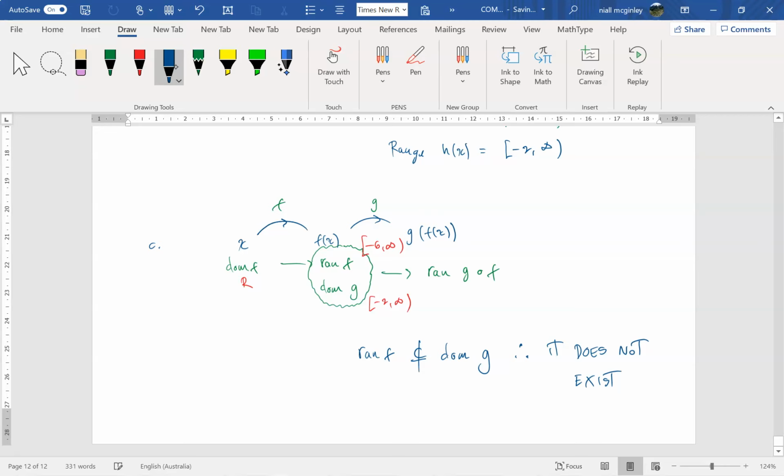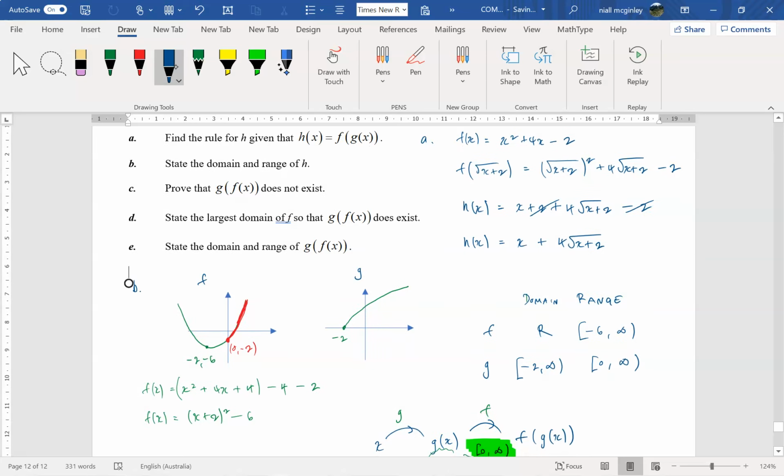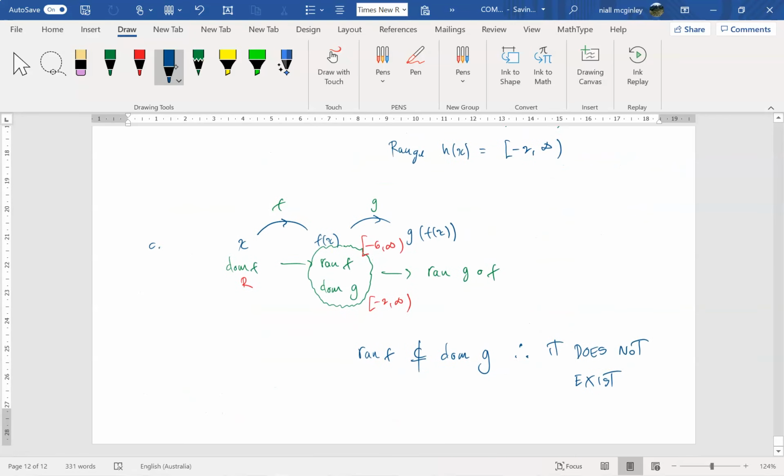Alright, so then let's look at D. D is the largest domain, so what we want to do is make it exist. So we want to stop these values here, the -6 to infinity, that are stopping the composite function working. The way we change what we're getting out for the range is by changing the domain. So we're going to restrict the domain of f, and therefore we'll get the function working.